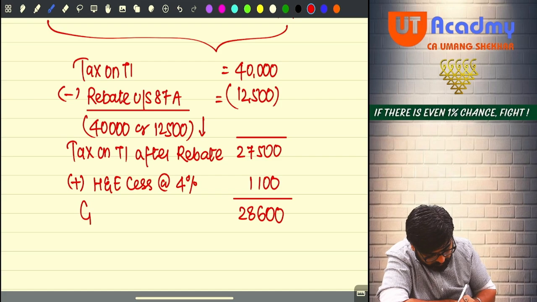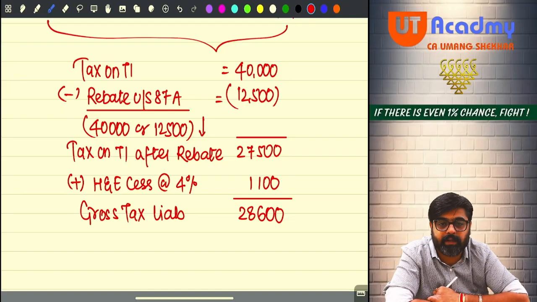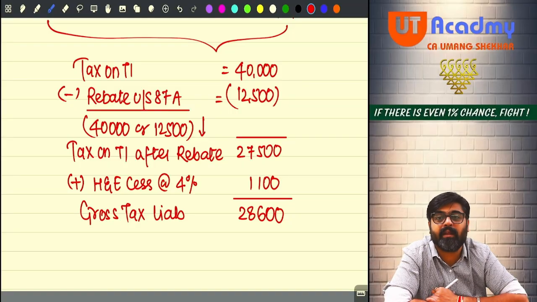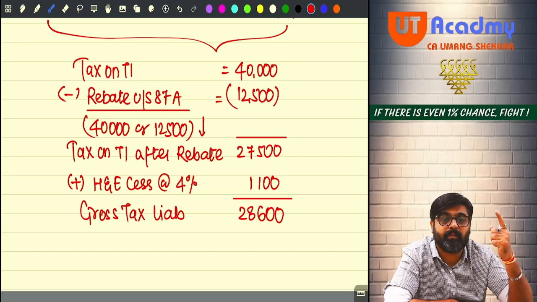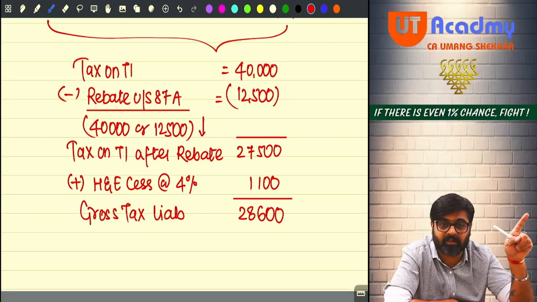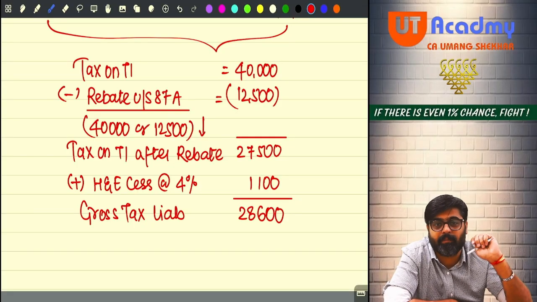This is your gross tax liability. Now from this, TDS, TCS, advance tax, everything will be reduced. Relief under section 89 will be given. AMT credit will be reduced. After reducing all those things, net tax liability will remain, that I will pay as self-assessment tax in the assessment year, or refund will be there. But the tax calculation should happen like this.